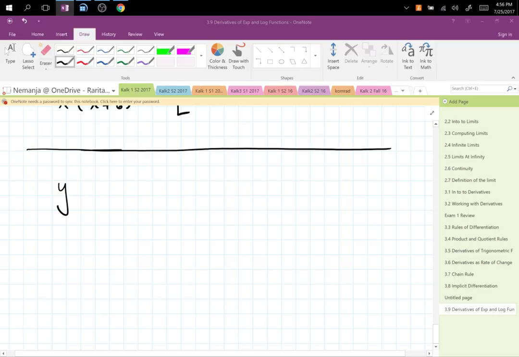Let's say the function you want to differentiate is something easier: x squared times the 4th root of x plus 3, divided by x cubed minus x squared plus 1 to the 3rd power. Doesn't matter. This is a little bit less crazy.